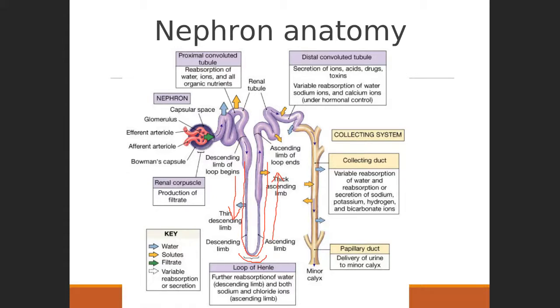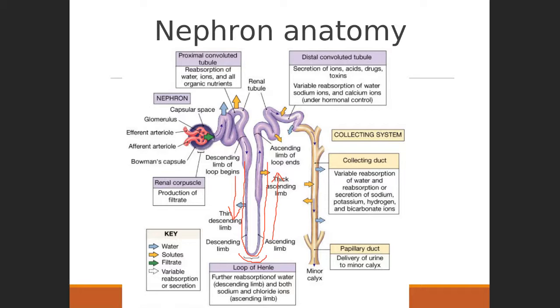So we left our Bowman's capsule, we entered our proximal convoluted tubule, and we immediately reabsorbed a significant percentage of all of the solutes that we had just gotten done filtering. Whatever's left that didn't get reabsorbed continued on down our descending loop of Henle, up our ascending loop of Henle, and while it was in the loop of Henle, we reabsorbed water and we reabsorbed salt.